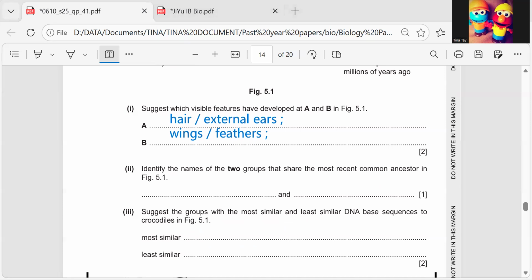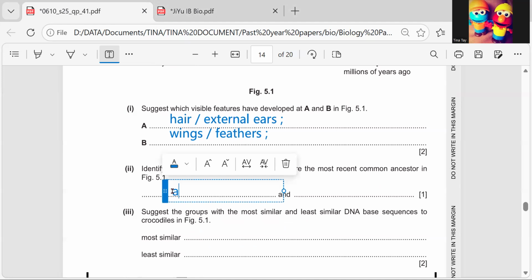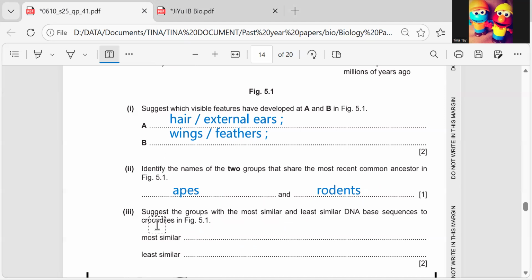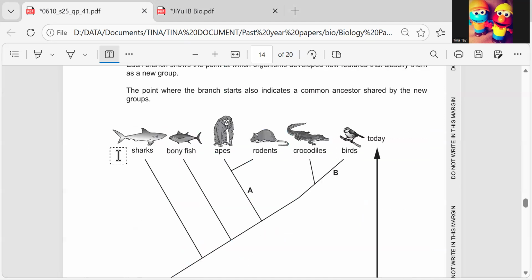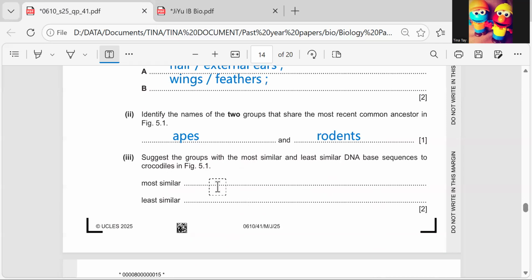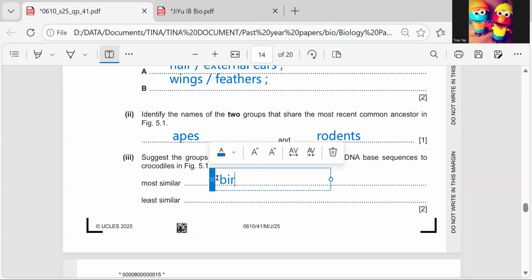Crocodiles and birds are the closest together, so the most similar are birds, and the least similar are sharks. Okay, you get it now?